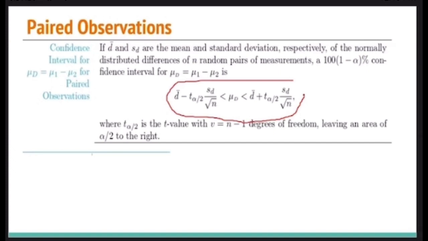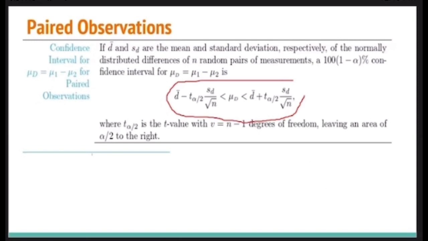I subtract it. I'm going to do that across individuals. Then I'm going to find the mean of the differences. That's what I call the mean of the differences. So D bar is the mean of the differences. Then SD is the standard deviation of the differences. Does that make sense? We're still going to be checking from the T table.